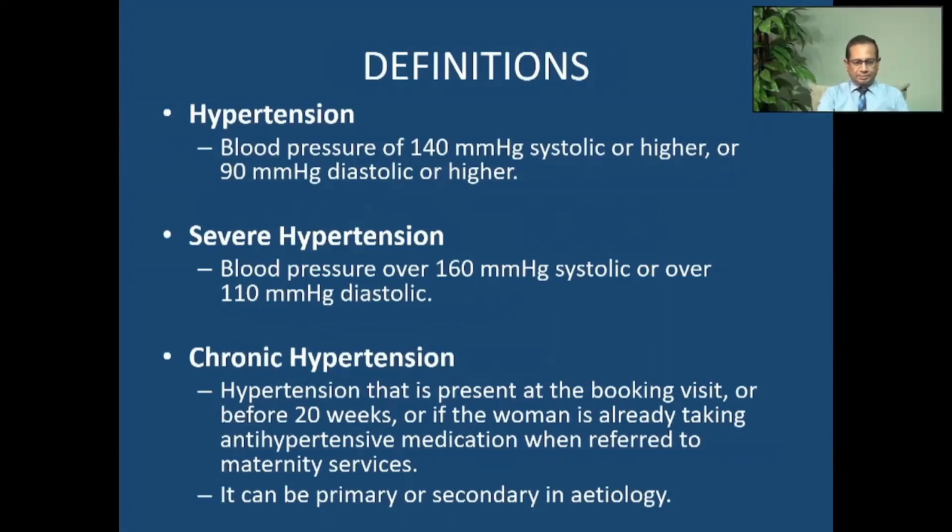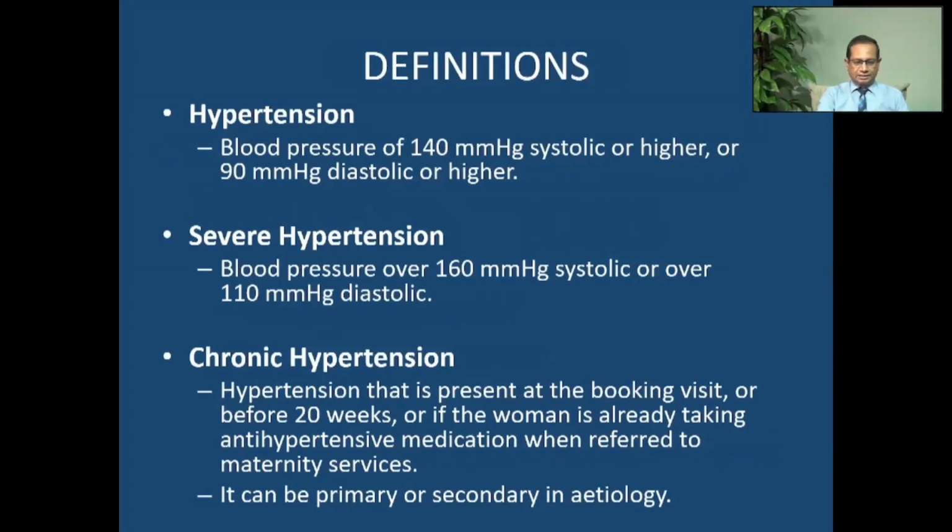Hypertension in pregnancy is defined as a blood pressure of 140 systolic or higher, or 90 diastolic or higher. Severe hypertension means a blood pressure of 160/90 or more.